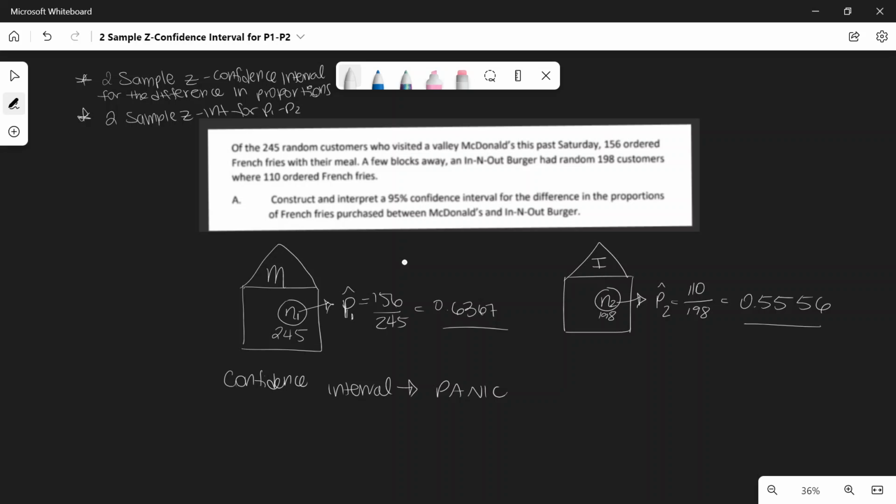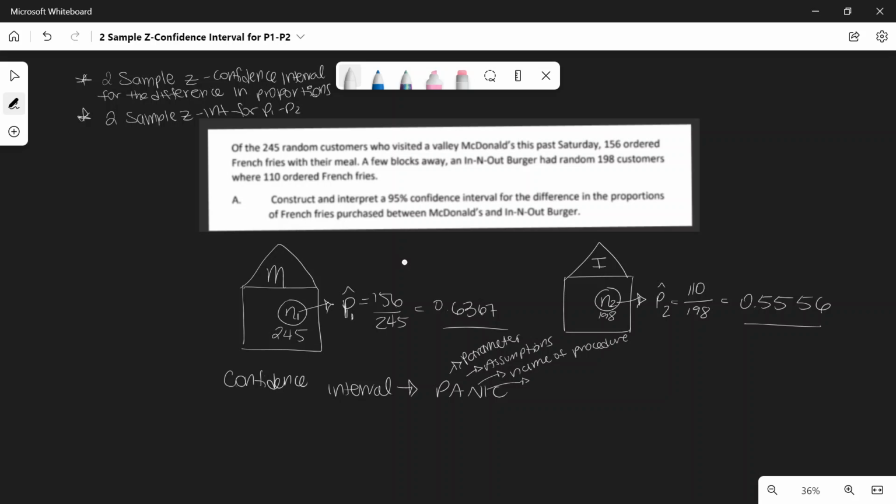P stands for parameter, A stands for assumptions, so basically assumptions that we have to make or conditions that we have to check. N stands for name of procedure.